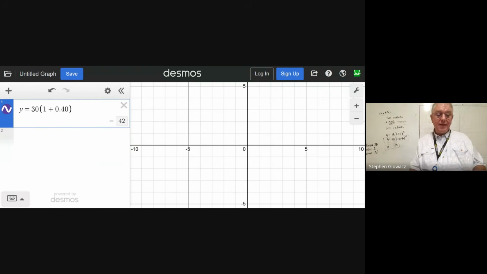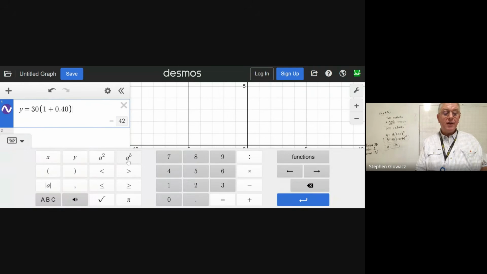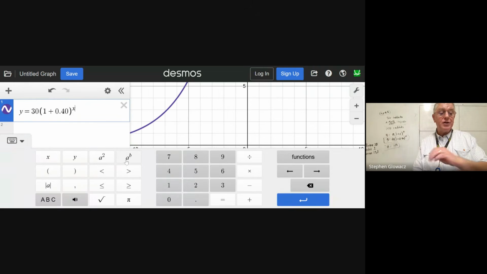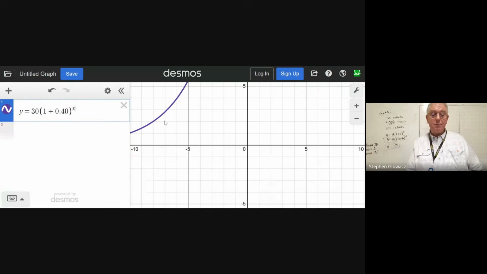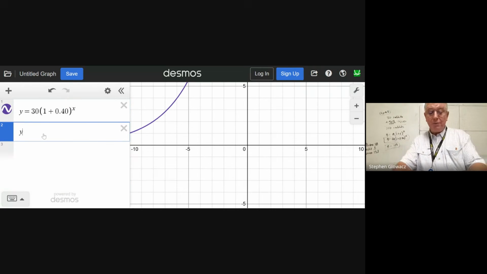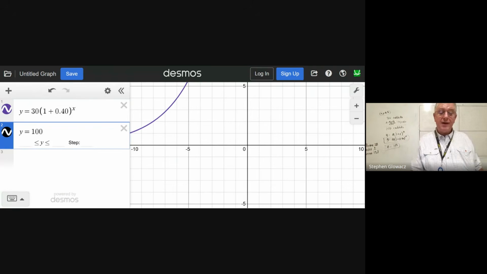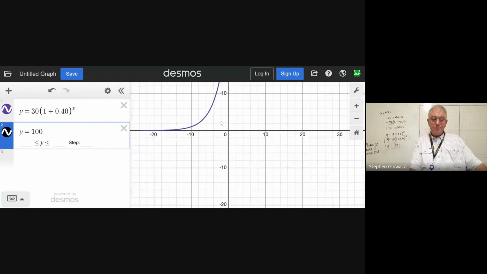And then to get into the exponent, you can bring up the keyboard, click a to the power of b. That brings you into the exponent, and then type your x. Depending on where your graph is centered, you might see the equation already there. Our other equation is just y equals 100. We're just trying to see how long it takes the population to reach 100 rabbits.